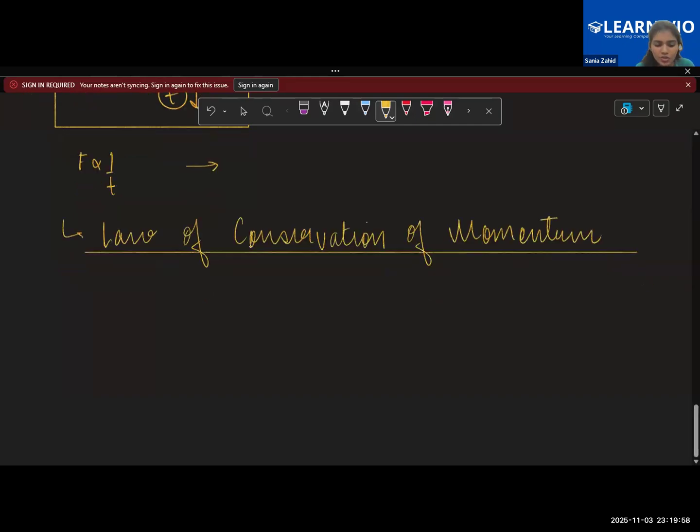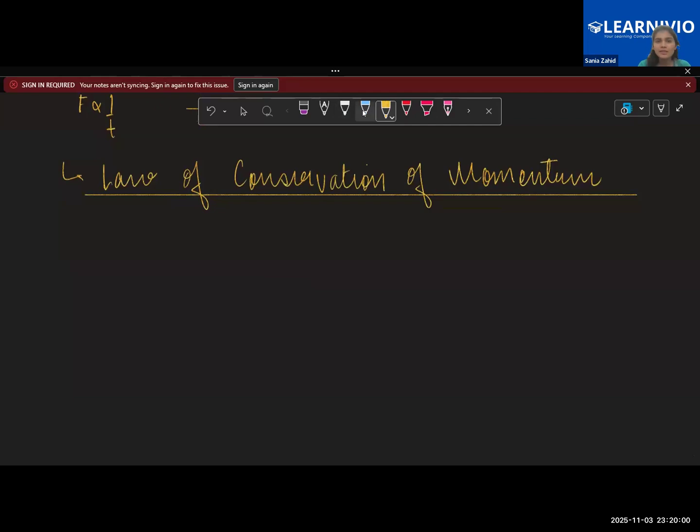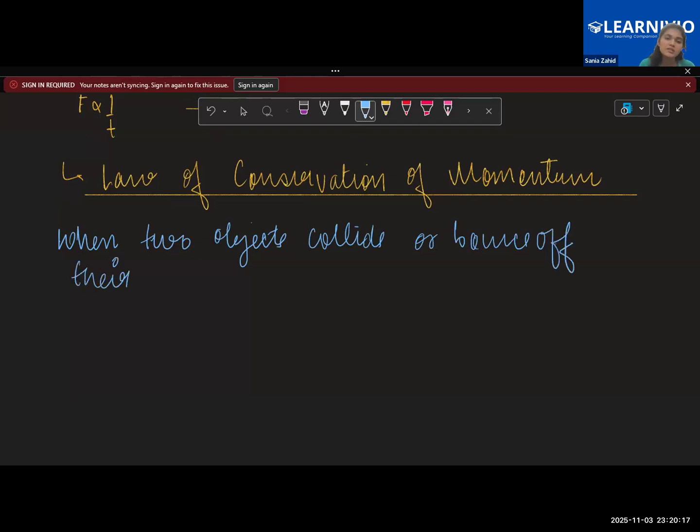What does the law of conservation of momentum tell you? It basically tells you that when two objects collide or bounce off, their total momentum remains the same.